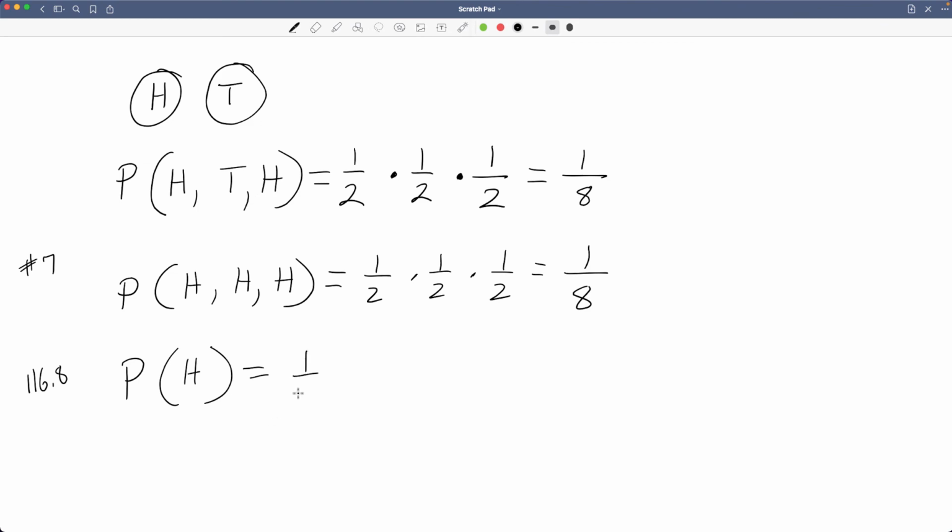If you said 1 out of 2, you are correct. It doesn't matter if it came up heads 4 times in a row. It still has the same 1 out of 2 chance of coming up heads as it does to come up tails every time you toss it.